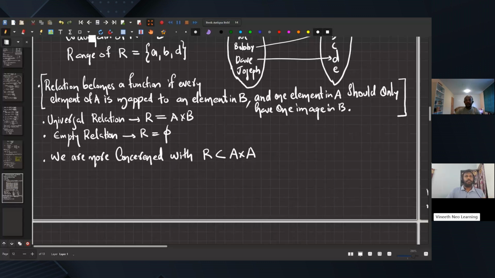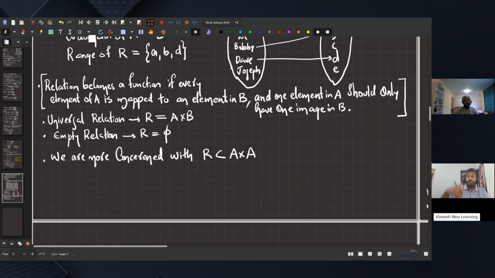Yeah. Relations from a set to itself, or relations between elements within a set. Like real numbers, complex numbers. It can be any set, a set of names or a set of letters.